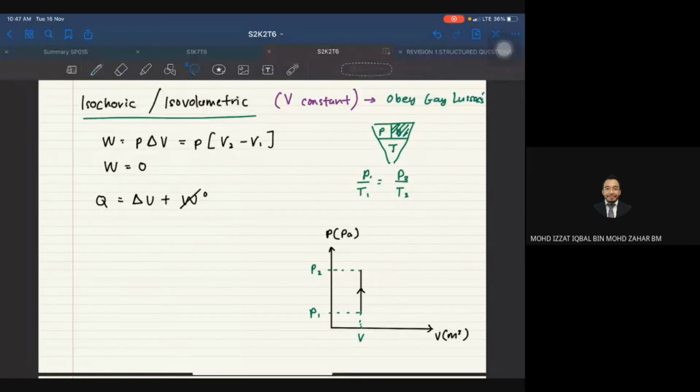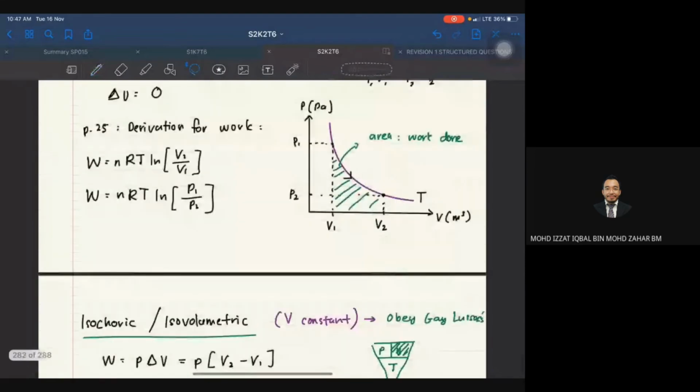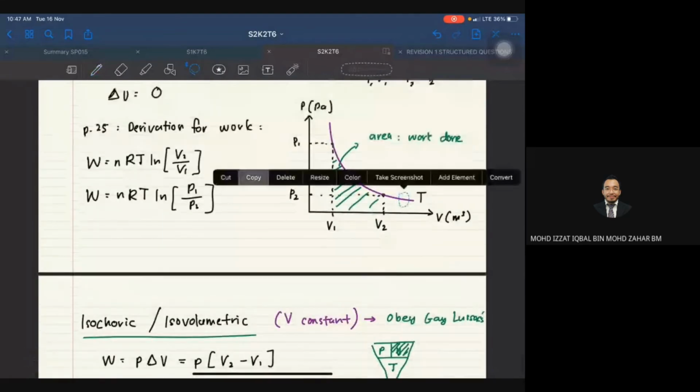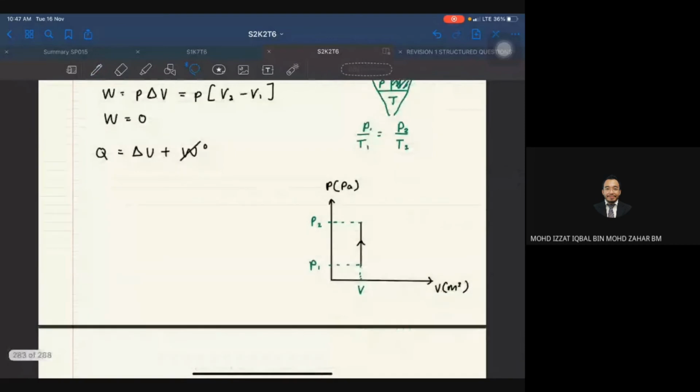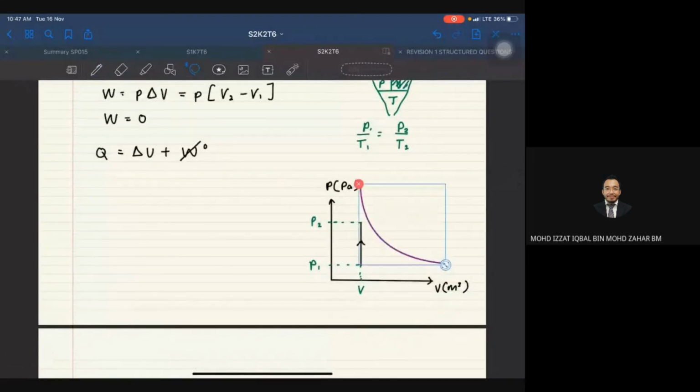Macam tu je kan. Okay, kalau kamu nak relate dengan temperature profile tu, I'm gonna paste it over here. Okay, and if you guys still remember, I told you before, yang setiap satu line ni represent satu values for temperature.